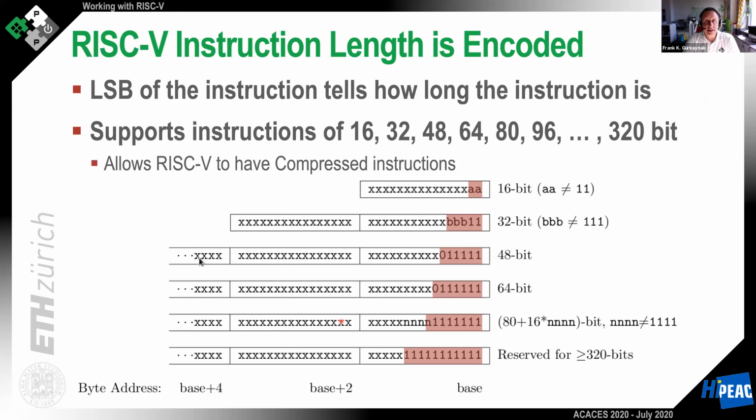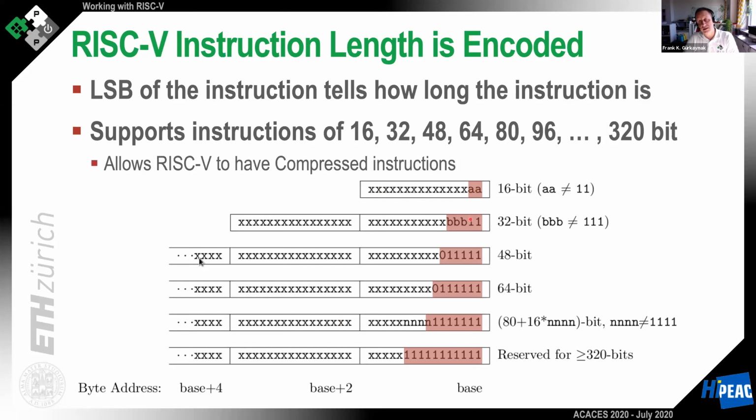Now, the nice thing also about RISC-V is they were thinking about how to encode the instructions. I was always showing instructions that were 32 bits. However, RISC-V actually defines an encoding in the least significant bits that tells you how long the instruction is. If the least significant 2 bits are not 1, 1, then this is a 16-bit instruction.